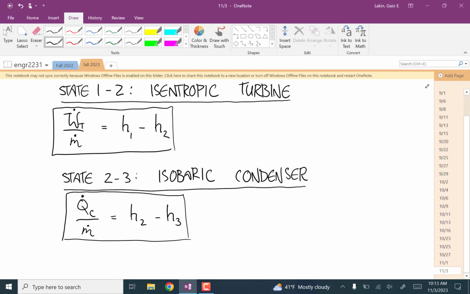And so we had to switch the signs of the heat, okay? And so we're going to have to do that at each step. At the turbine, we thought, okay, what we're calling WT is work leaving the system. Well, that's the same as the sign convention for the first law. So here, we didn't have to change the sign. Okay, so remember that's something to think about at each one of these steps. Anybody have any questions about that? So I'm going to try to bring that up in each step.